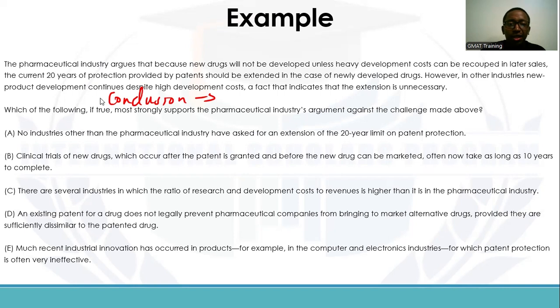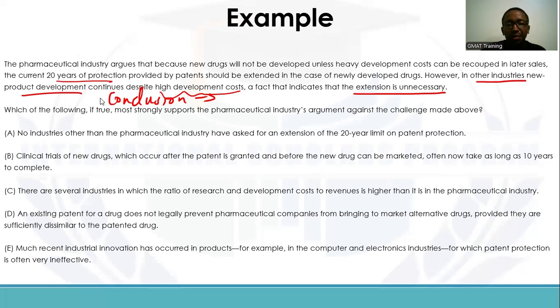The argument in this case is that the extension is unnecessary because in other industries, new product development continues despite high development costs, which is what the pharmaceutical industry is identifying as the reason why the patent duration, the 20-year protection provided by patents, should be extended.